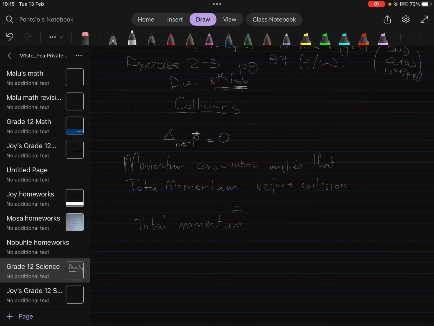And this is the momenta, plural, of each of the objects in that system.